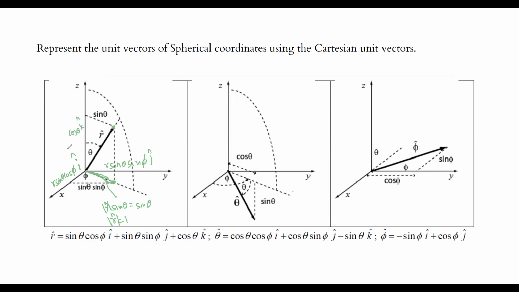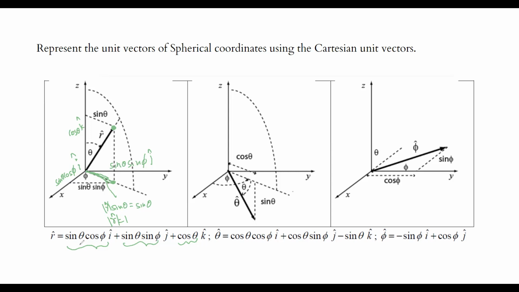Since r hat magnitude is 1, we will have cos theta magnitude along the z hat or k hat direction. So by taking the combination of all those components, we can write that the location here can be represented as the sum of the components along i hat direction, j hat direction, and the k hat direction, right? Since r is 1, we can remove r.